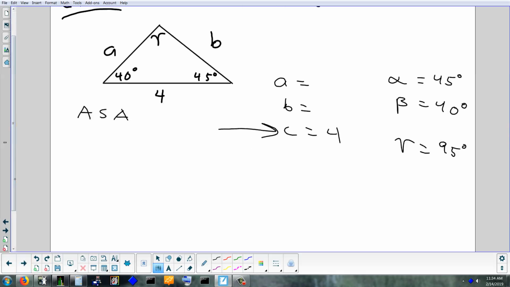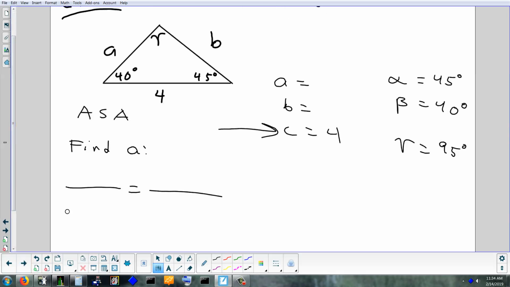Okay, so let's set it up to find, you can do A or B first, it doesn't matter. The only thing you had to do first was gamma. So let's find A. On the left side, it doesn't matter where you put all the information that you know. You can start on the left or you can start on the right. Let's start on the left.